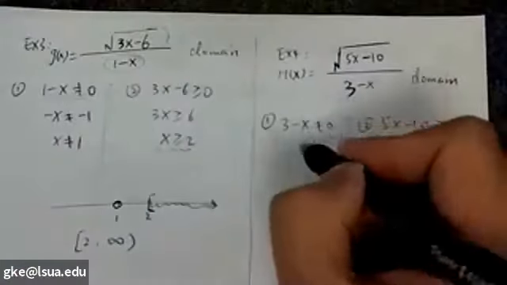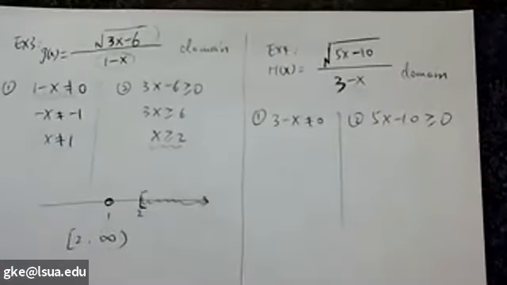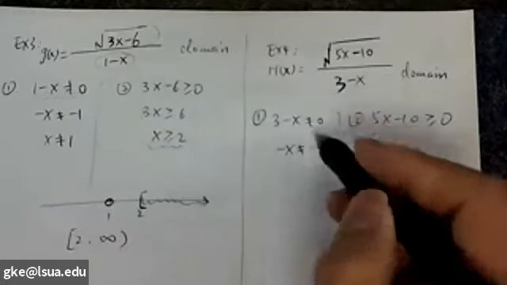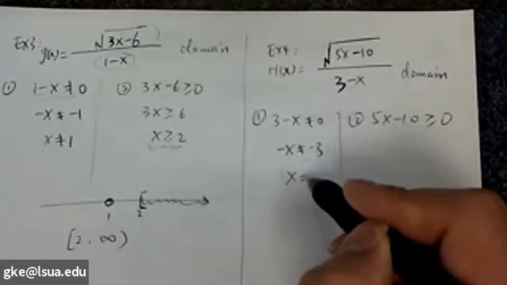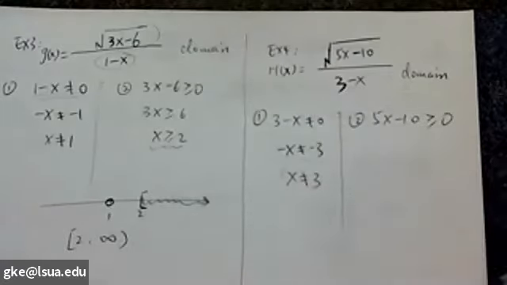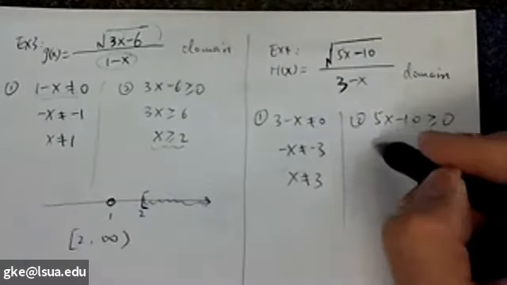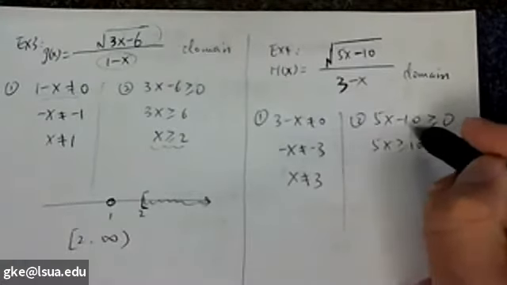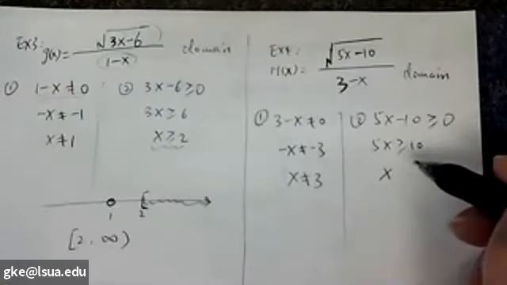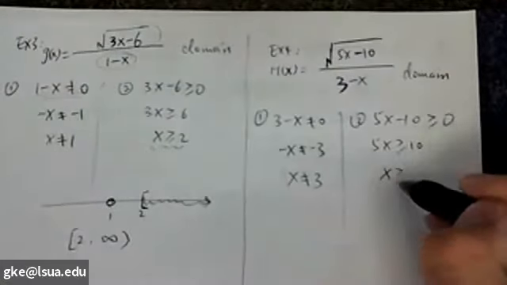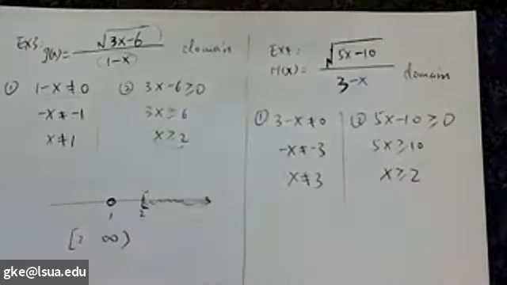Okay, good job. So for the first equation, subtract 3 from both sides and divide by -1, right? x doesn't equal 3. Second one, add 10 to both sides. Divided by 5 is positive, so we don't need to change the sign. So now we have what?